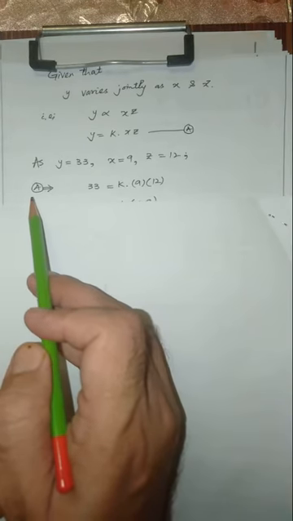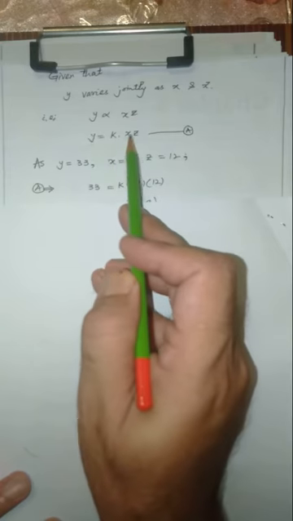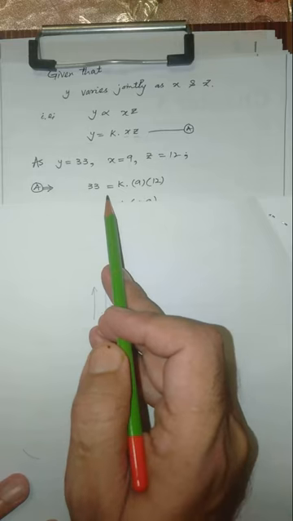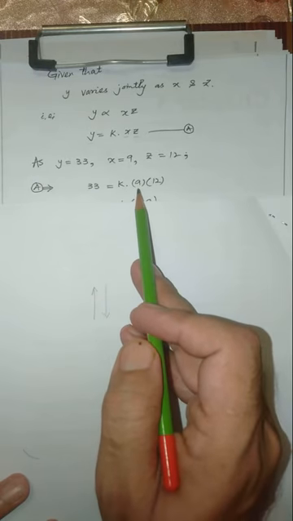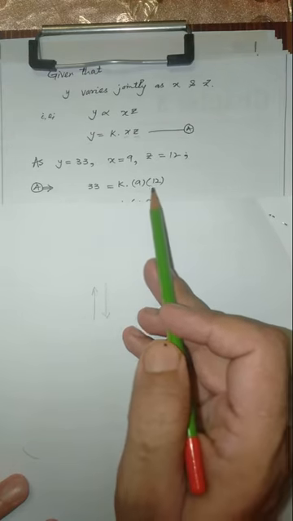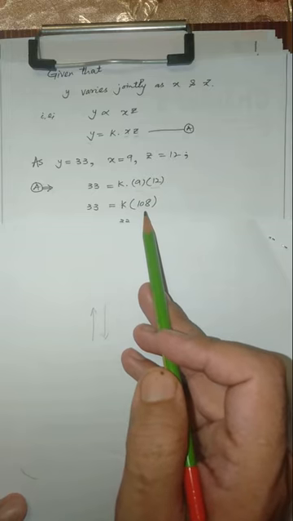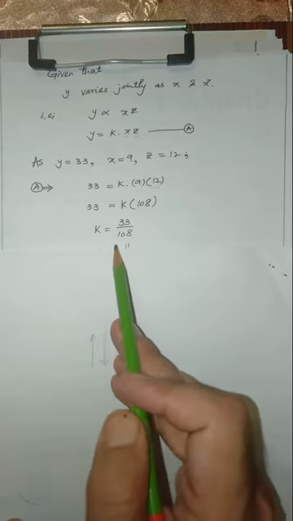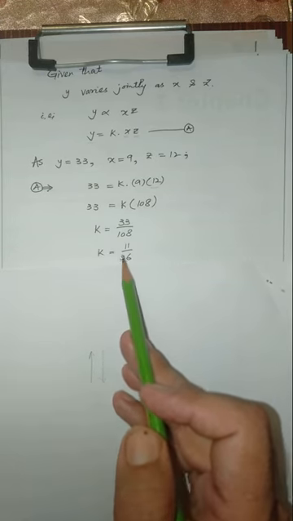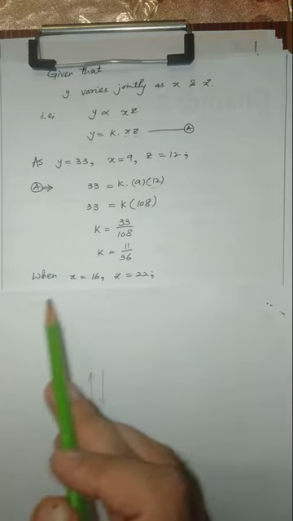For the value of k, equation A implies, now putting the values of y, x and z: 33 is equal to k times 9 times 12. Now multiply 9 with 12, which is equal to 108. Dividing by 108, k is equal to 33 divided by 108. Here k is equal to 11 by 36.